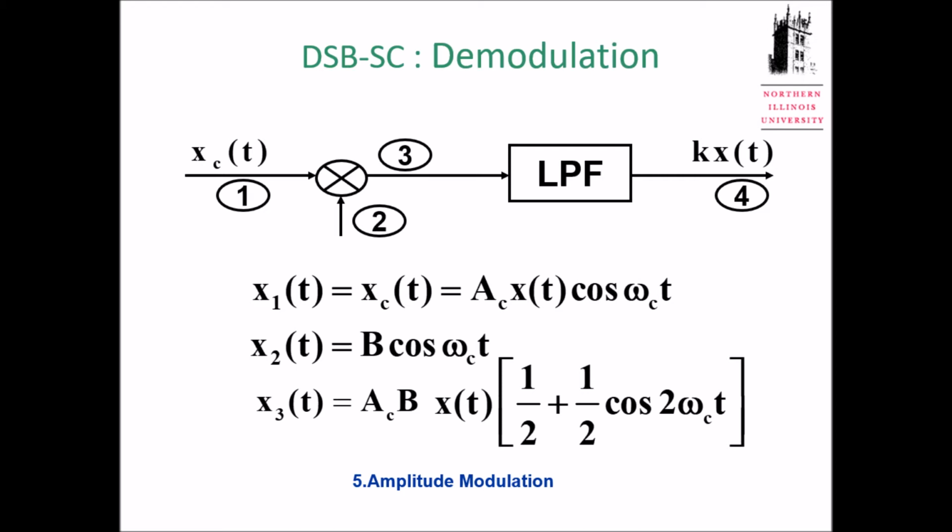Now this signal will pass through the low pass filter. If I choose my low pass filter's cutoff frequency carefully, I can remove this part and keep this part. So we get the message demodulated.